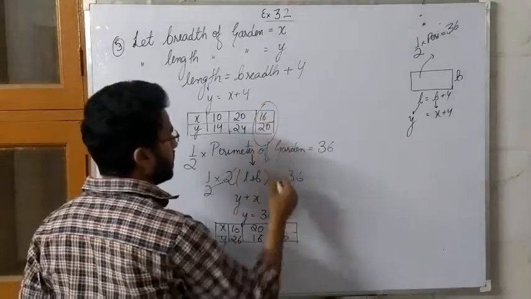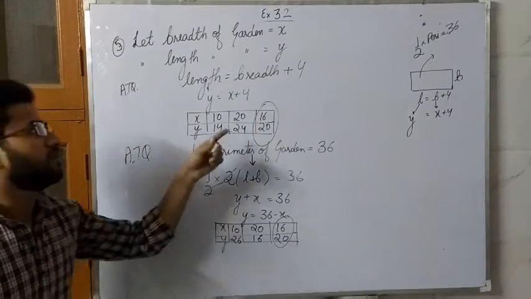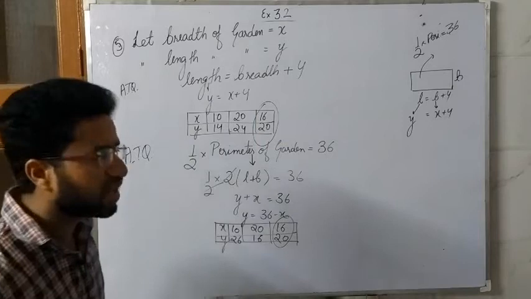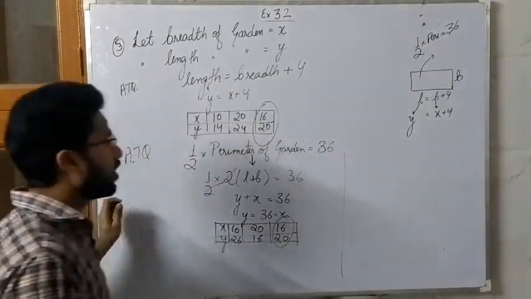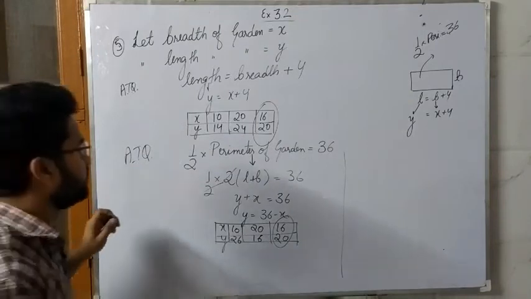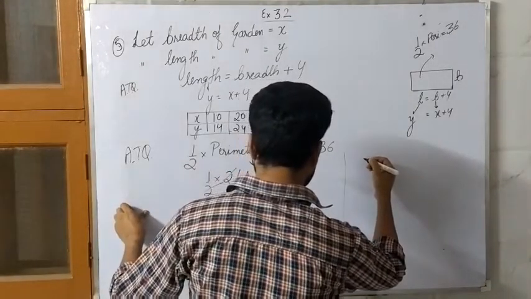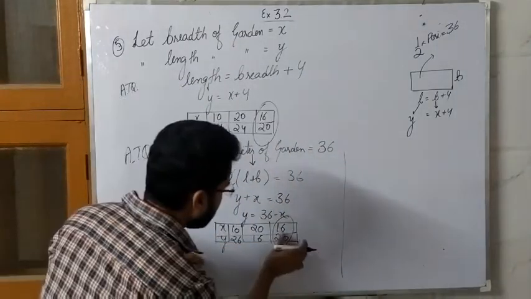that this is the solution of the given pair of linear equations, right? So I hope you can draw the graph yourself. Now, when you draw the graph, what will you write? This will not be 20.